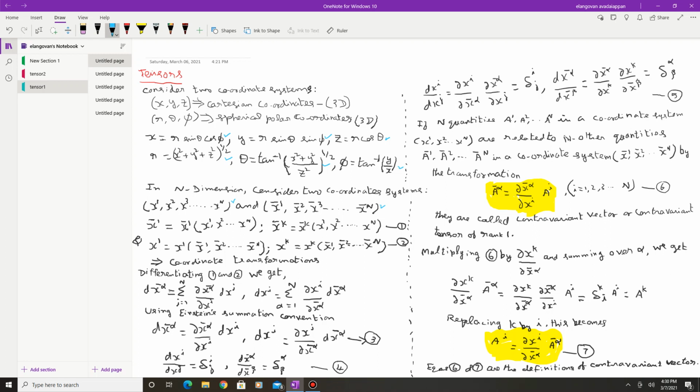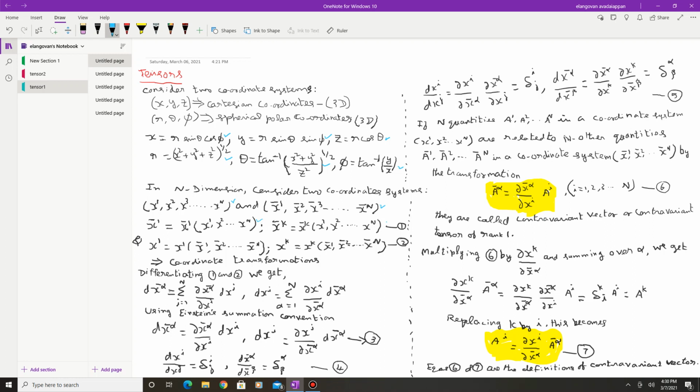Now here also, one of the coordinates in the barred system may be a function of the coordinates of the unbarred system. So x1 bar is a function of x1, x2, up to xn. So for any kth coordinate, xk bar is a function of x1, x2, up to xn.